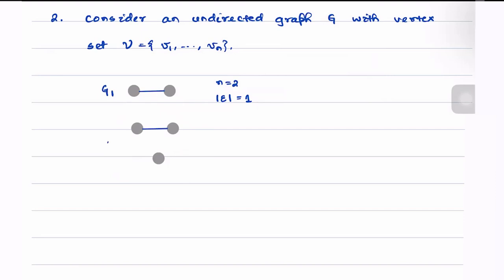Suppose this was G1, this was G2. Now, what can we do again? In order to make G2 connected, we need to add just one more edge here. Meaning, if n is 3, then the cardinality of E is equal to 2, and G becomes connected.